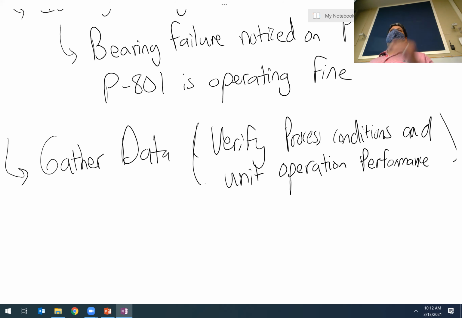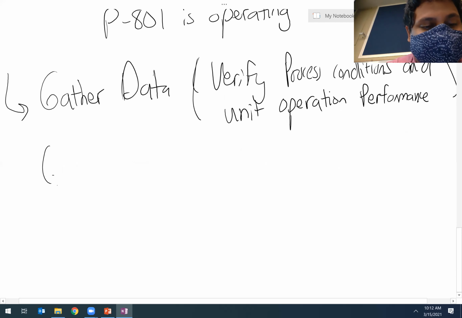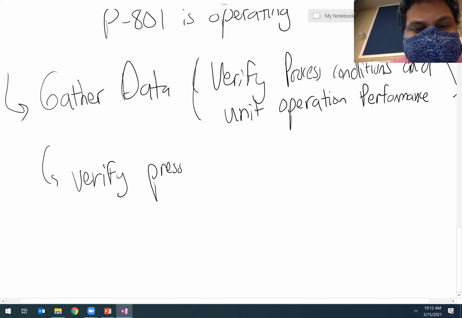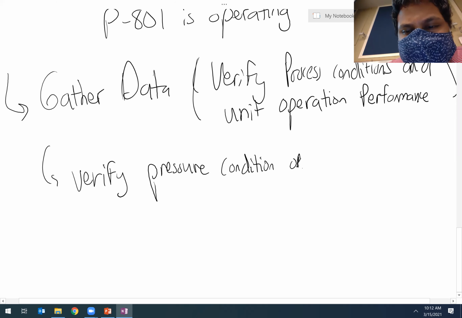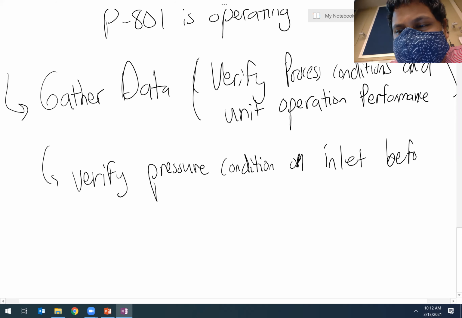Can you repeat that? I'm sorry. So just make sure that the pressures around the pump on the streams and the outlet haven't changed much. Okay. So you can verify pressure conditions on the inlet before and after the pump.